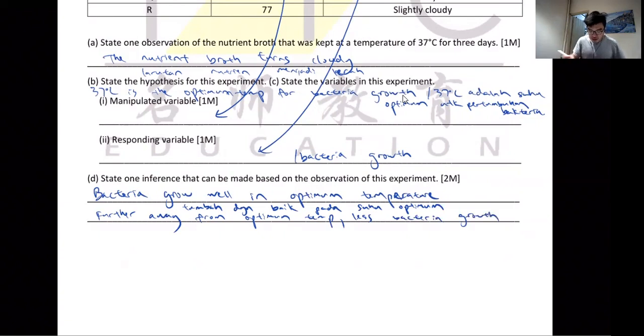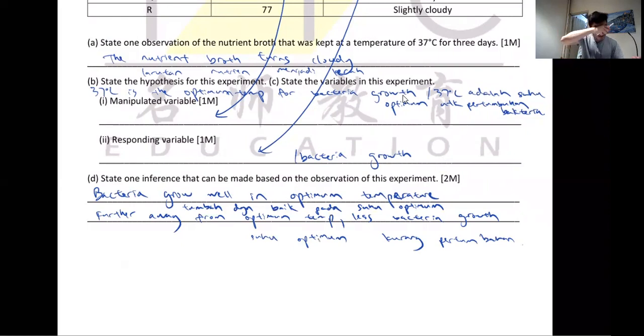Okay, semakin jauh dari suhu optimum, semakin kurang pertumbuhan bacteria. Okay, I'm just going to write the keywords for PM. I don't want to write the full-blown answer. It's going to be too long.